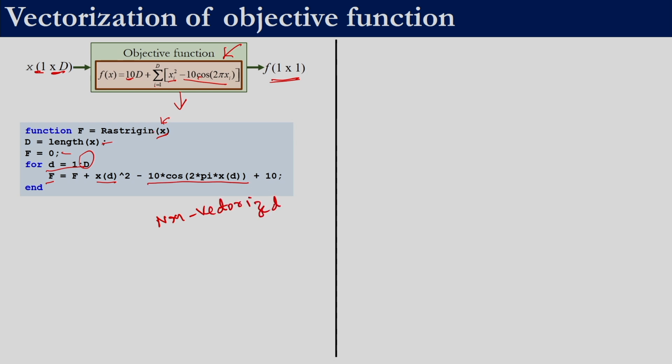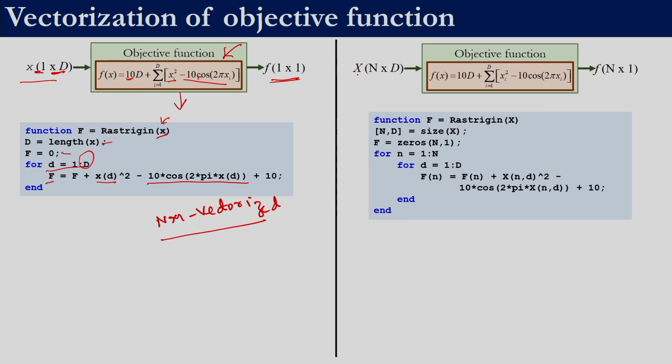So, this objective function can receive only one solution at a time, and it can give the fitness function of that one particular solution. In vectorized, we can give the entire population, or n cross d solutions. Let us say if we are working with a 2 variable problem, then we can give 2, 8, 5, 10, 6, 3, 2, 4, 3, 9.